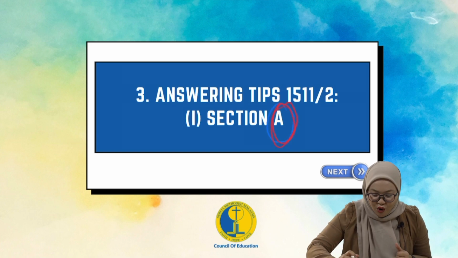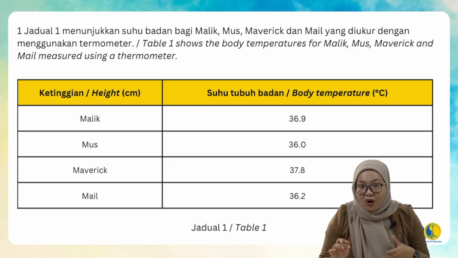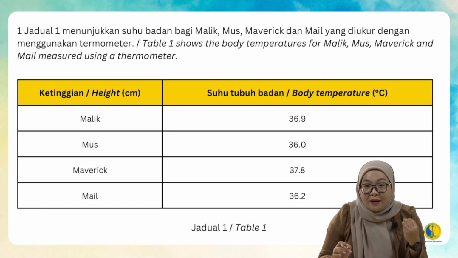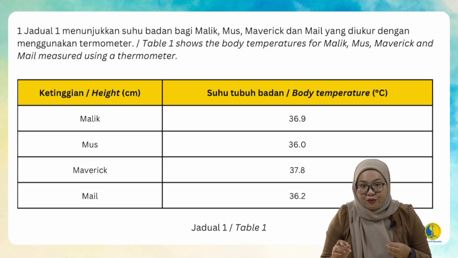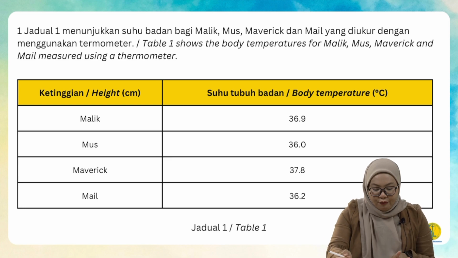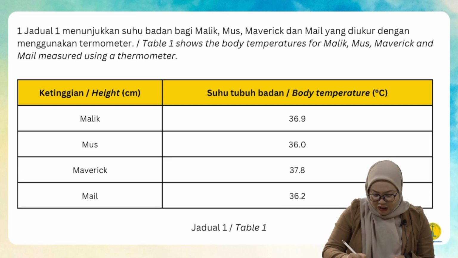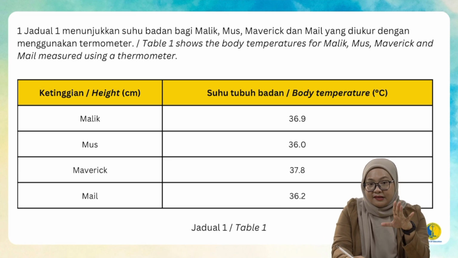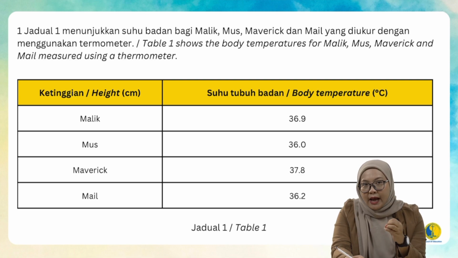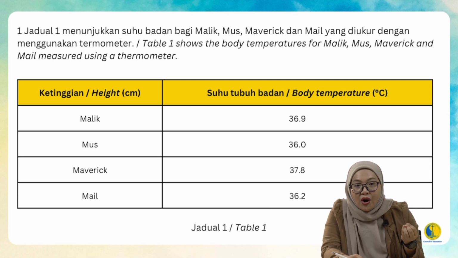Okay, let's have a look at the setup of the questions, the example of the question that I'm going to provide here. Remember, this section A will test your experimental ability.